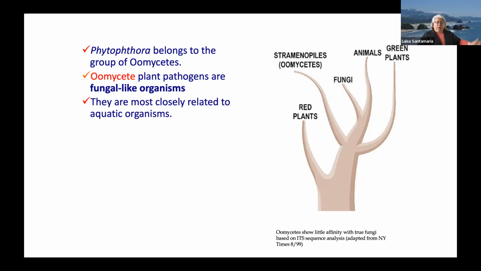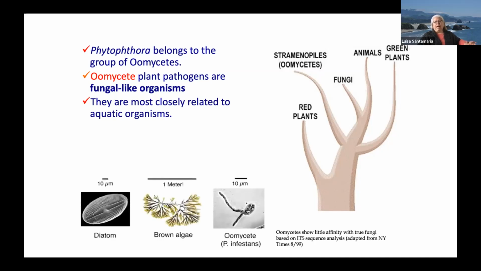They're really closely related with aquatic organisms. And in the evolution system, it is known that it's a specific group, but that is not the main thing here. It's just for you to know the reason that this is a different group.